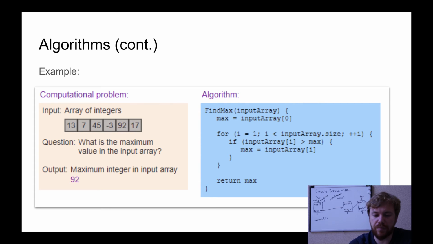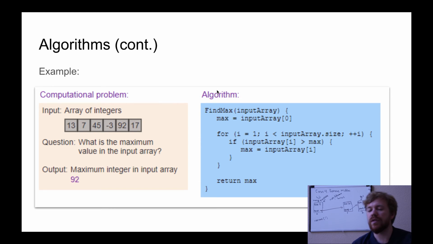And so here's an example. Given this computational problem, the input is an array of integers. The question is, what is the maximum value in the input array? And the output is the actual maximum value, which in this case is 92.